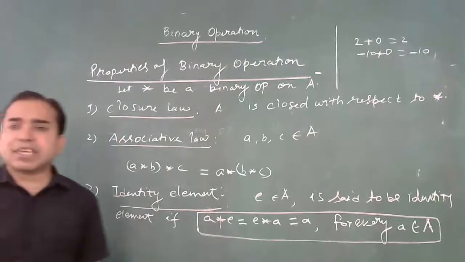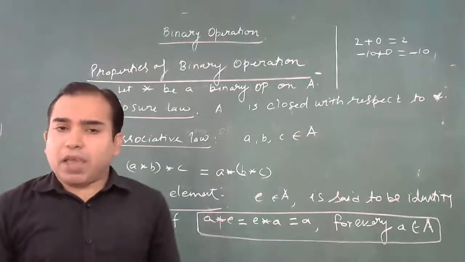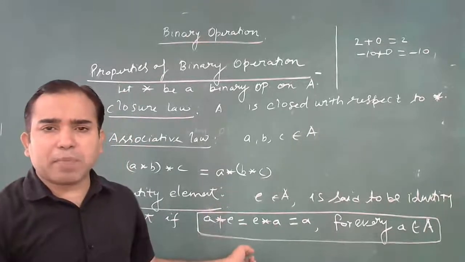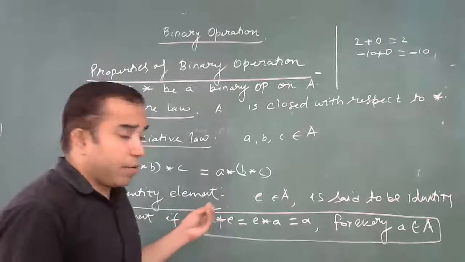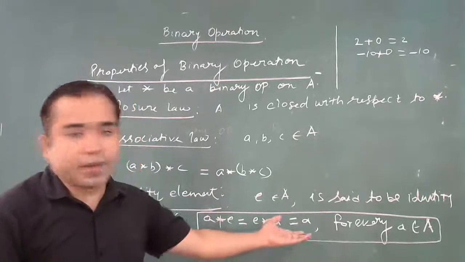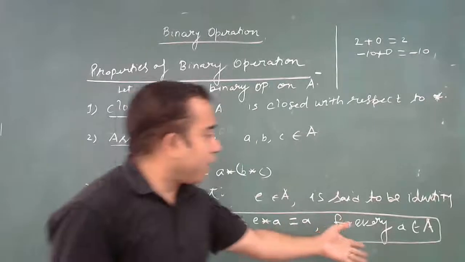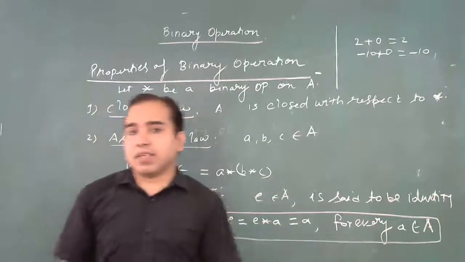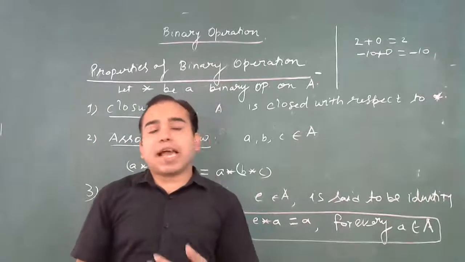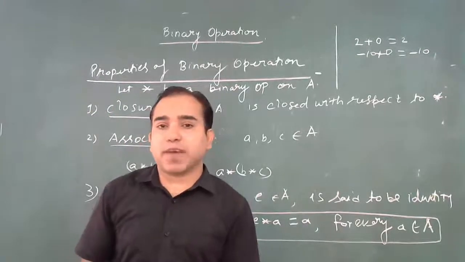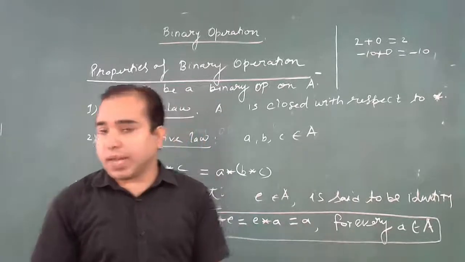Right. So E is said to be identity element if E you operate with any element of capital A, say small A star E you do, or E star A you do, finally you should get A, right? For each and every element of capital A, then E is said to be identity. So E should have a property to get absorbed in any other element with respect to star. This is what the identity element.